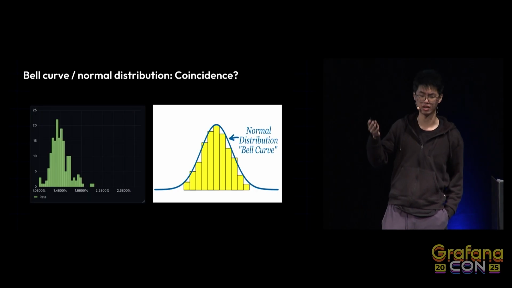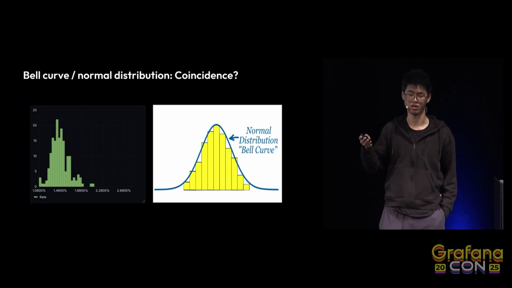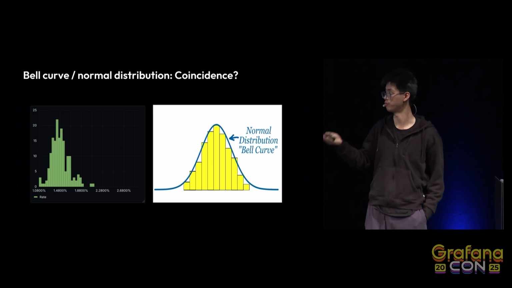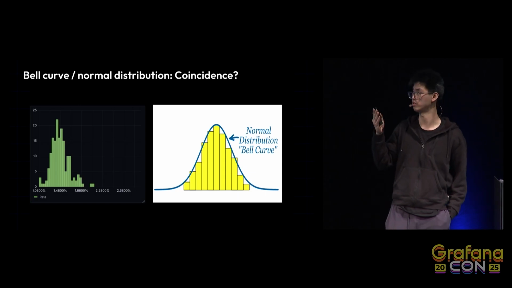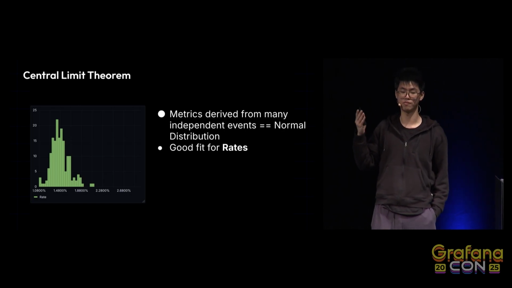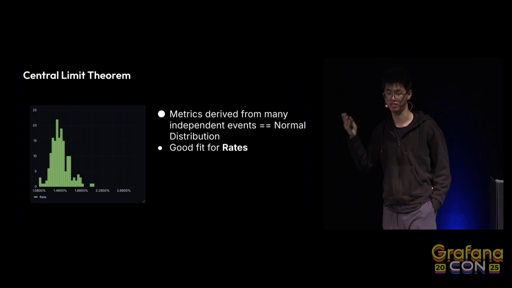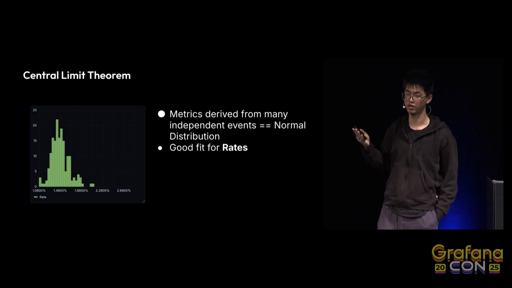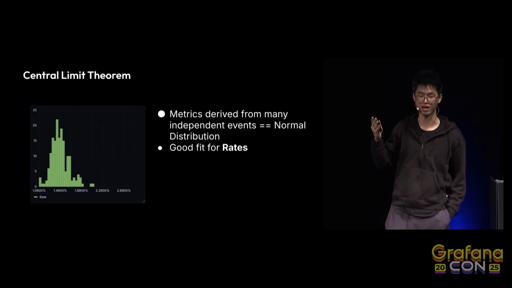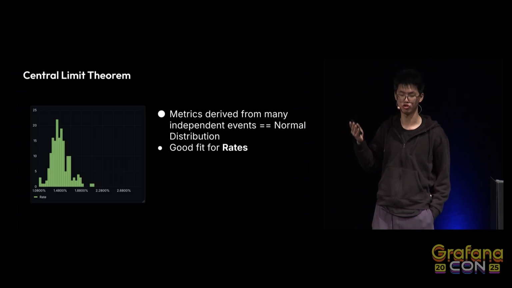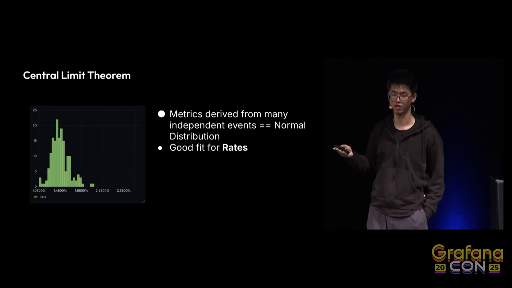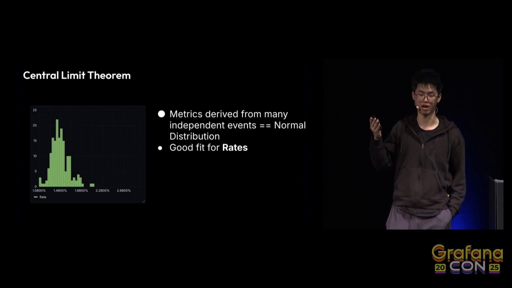And usually it should look like a bell curve, also known as a normal distribution. This is not a coincidence. The central limit theorem says that if your metric comes from many independent random events, it should follow a normal distribution. And this often works for error rates.